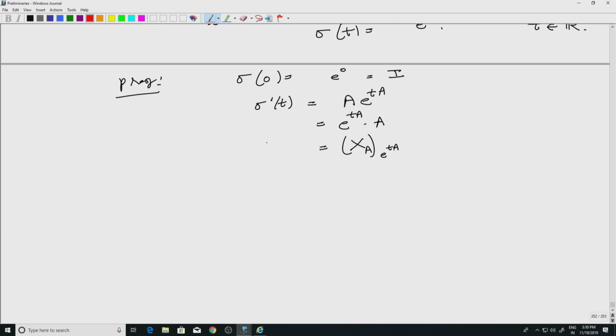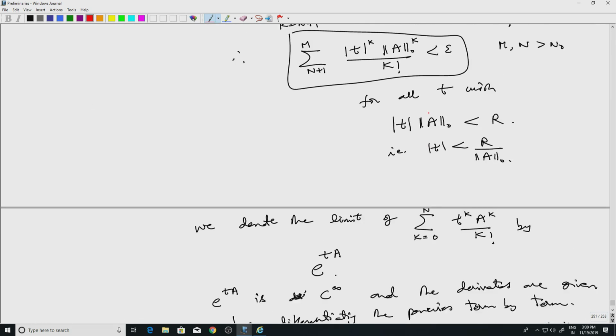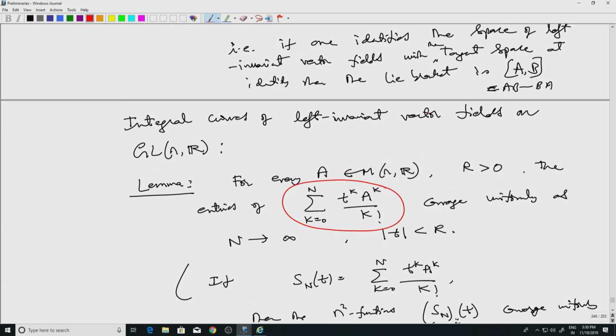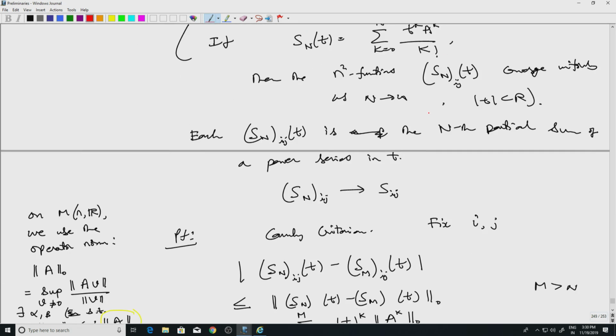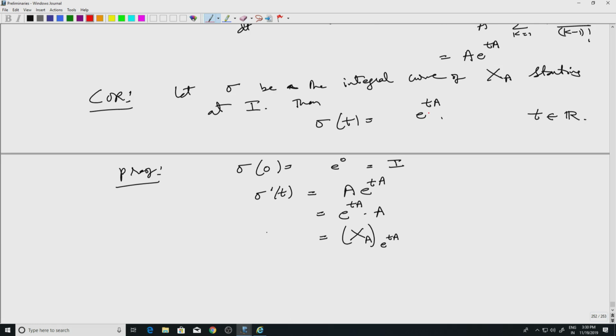And this is the thing which I need, and so I've used that here, xa at this point e to the power ta. Notice that, here actually I need to make a small remark. I'm trying to find integral curves in GLnR. So I should first of all, even before I do this calculation, perhaps remark that sigma t actually belongs to GLnR.